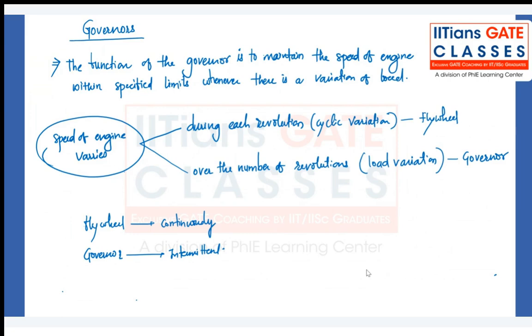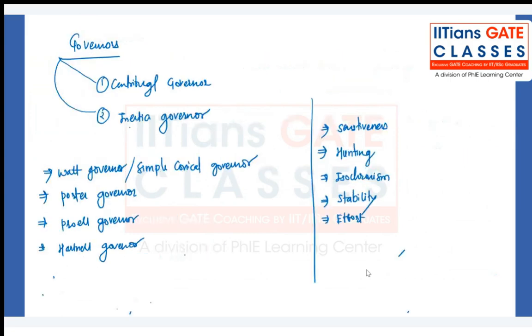Okay, and after that we studied there are two different types of governors, centrifugal governor and the inertia governor. The main focus was the centrifugal governor, where we studied four types of governors, that is Watt governor, Porter governor, Proell governor, and the Hartnell governor.